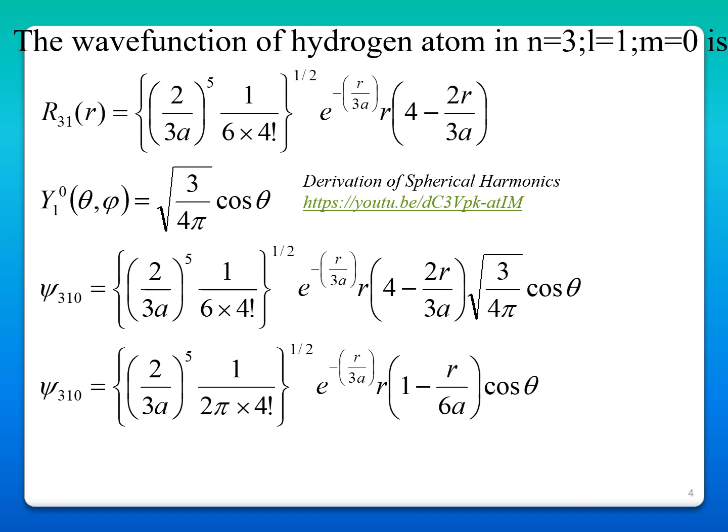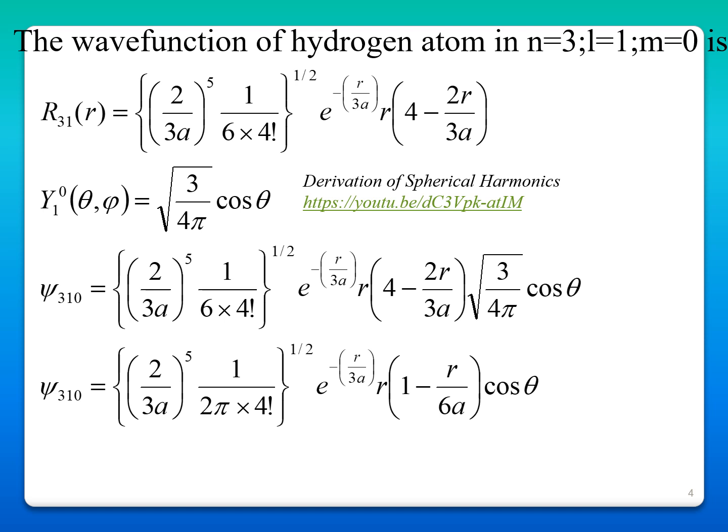Now you substitute this value, then R31 is (2 by 3a) whole power 5, 1 divided by 6 into 4 factorial whole power half, e power minus r by 3a, into r times (4 minus 2r by 3a). The spherical harmonics Y10 of theta and phi is square root of 3 by 4 pi into cos theta.